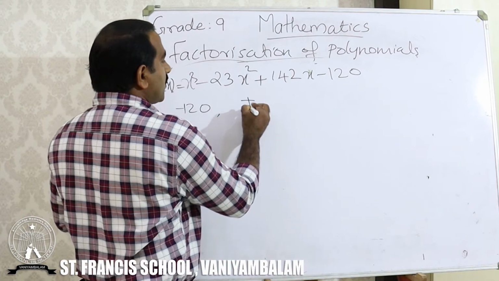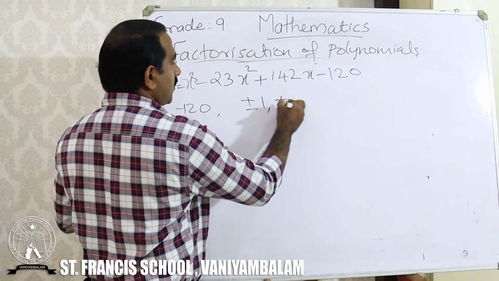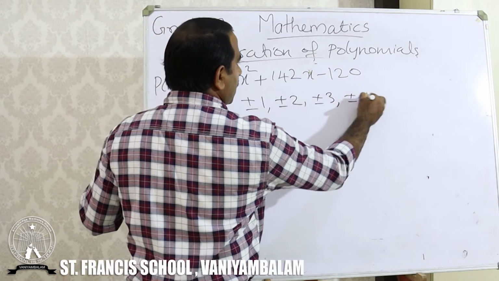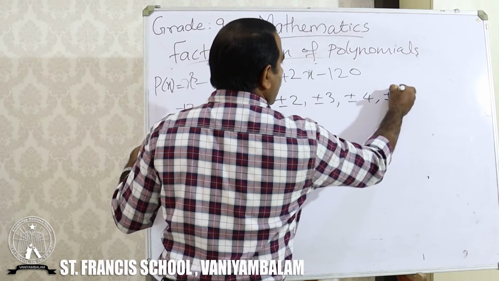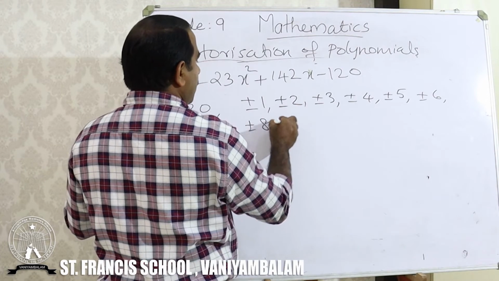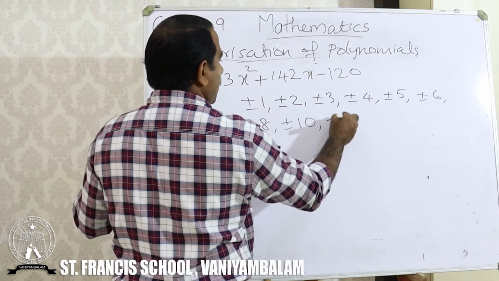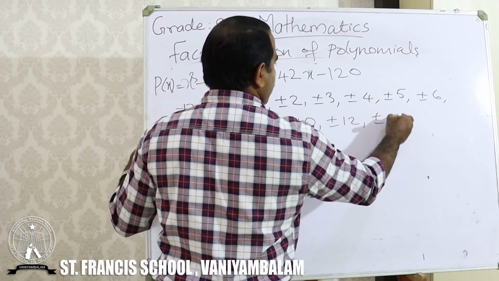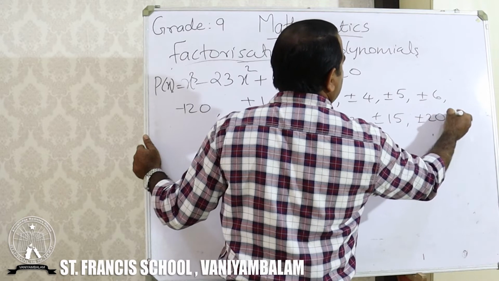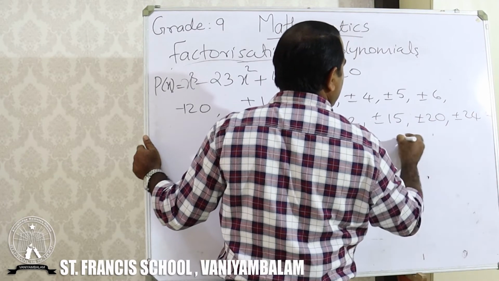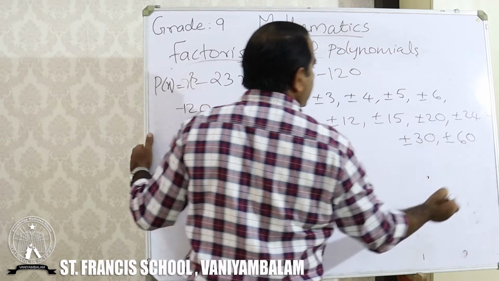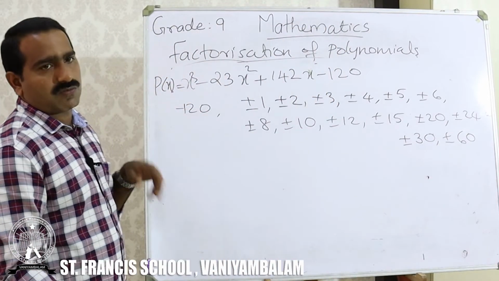Some of the factors are plus or minus 1, plus or minus 2, plus or minus 3, plus or minus 4, plus or minus 5, plus or minus 6, plus or minus 8, plus or minus 10, plus or minus 12, plus or minus 15. Next are plus or minus 20, plus or minus 24, plus or minus 30, plus or minus 60. These are some of the factors of minus 120.